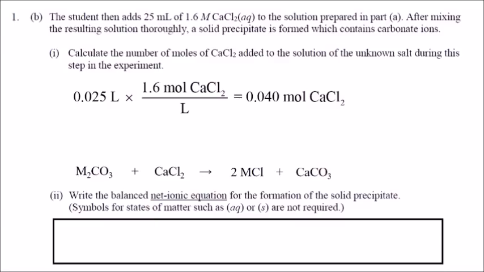So the precipitate is the calcium carbonate. The ions on the left side of the equation are the calcium ion and the carbonate ion. There is your net ionic equation for the formation of the solid precipitate.